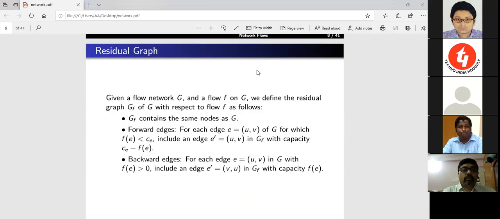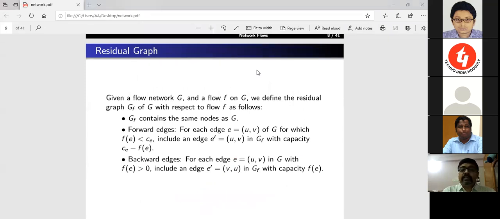So GF, for a given flow F and a network G, the GF contains the same nodes. So we have two kinds of edges. Forward edges are the edges which have flow less than capacity.